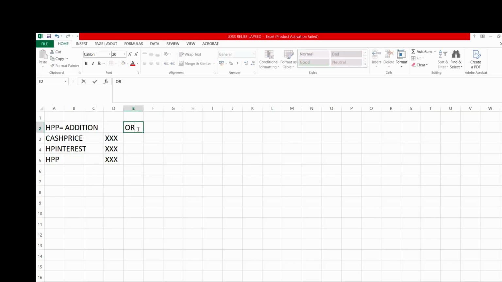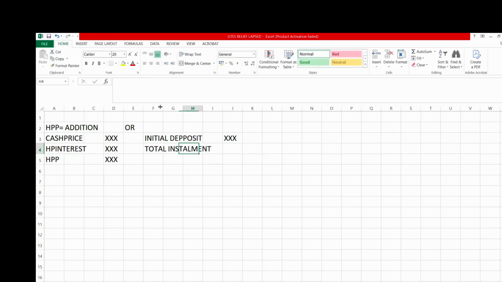But if we don't know this, our hire purchase price can also be determined as initial deposit plus total installments.